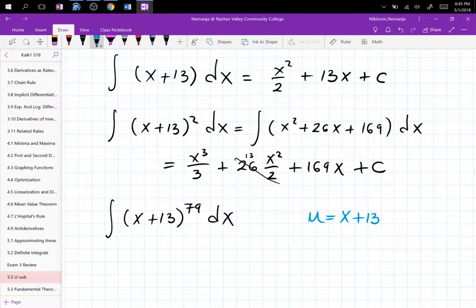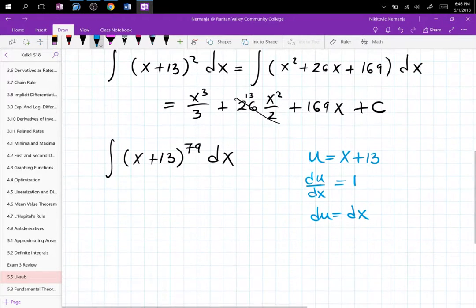So, the way to do that is you will differentiate this. And then I'm going to move this dx to the other side, and for this particular problem, du equals dx. Nice.